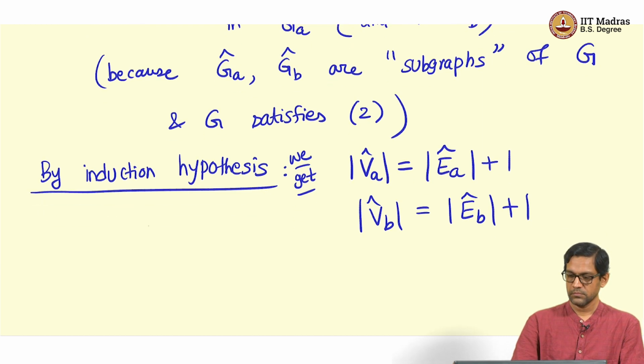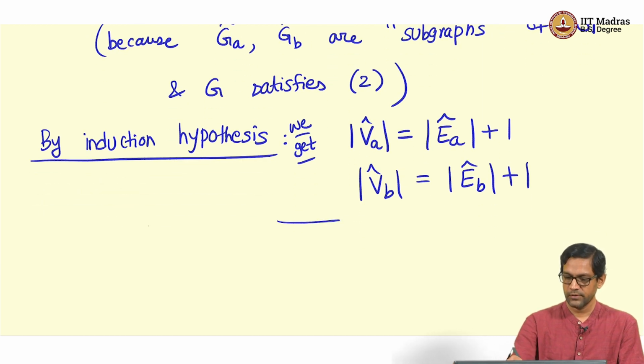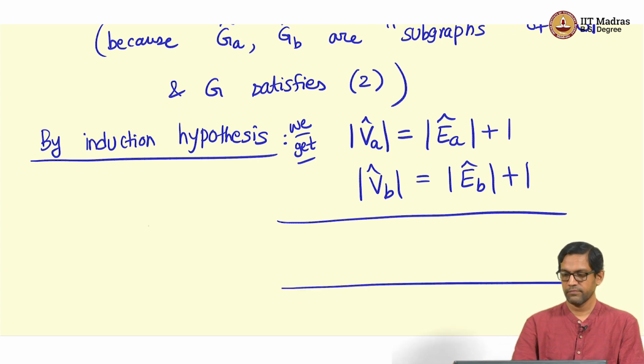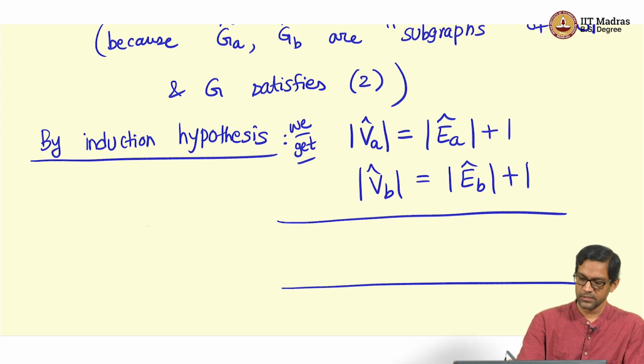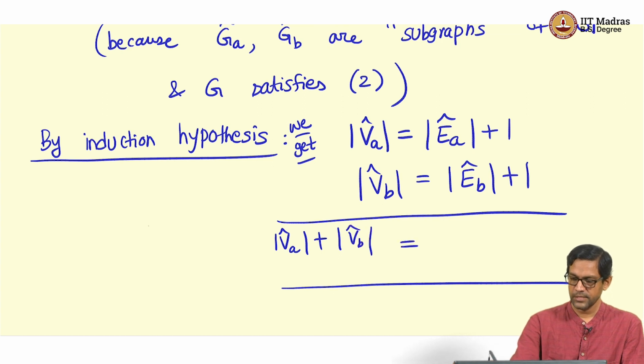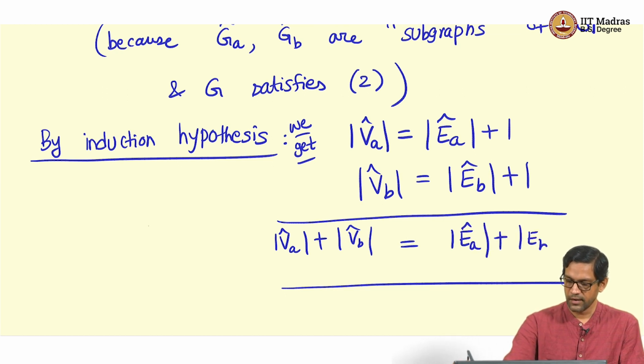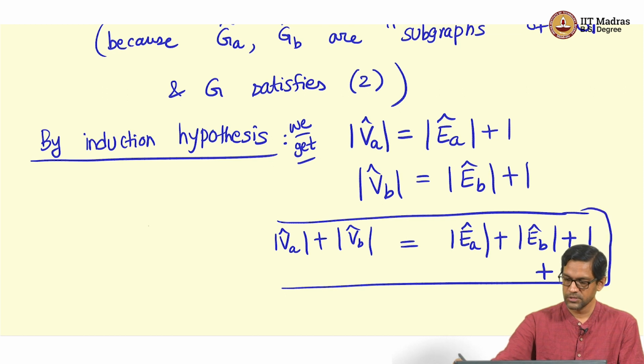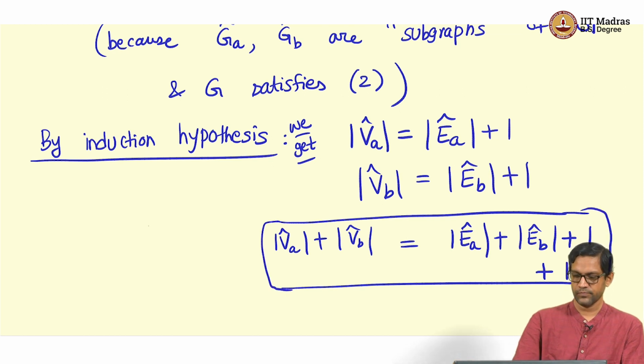Okay, now that's almost all we need. Using this, we will prove what we want. Okay, so let's add these two equations. Number of vertices of VA hat plus VB hat is equal to number of edges of EA hat plus EB hat plus 2, which I will write as plus 1 plus 1. Okay, so this is the equation that I conclude by adding these two.